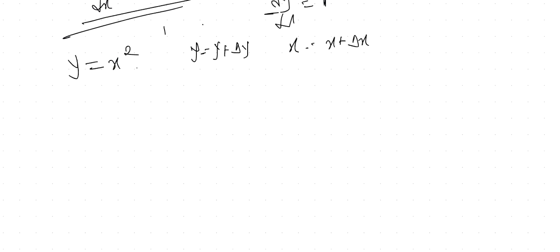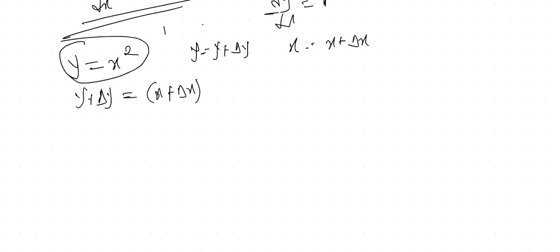So here, y plus change in y is equal to x plus change in x. Don't forget that the x is squared, so definitely this is going to be squared too.